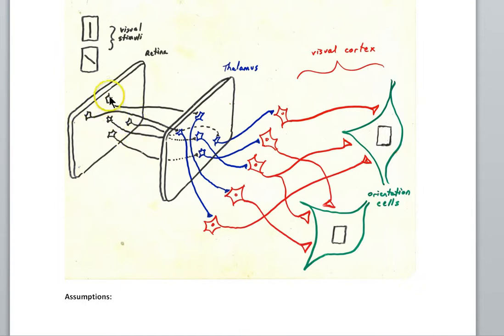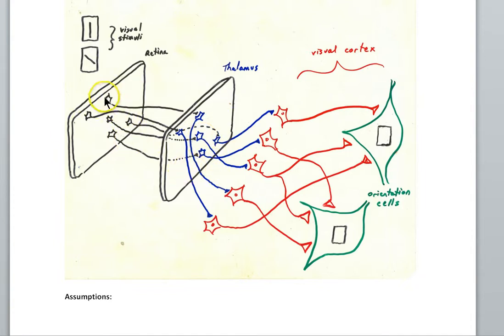There are some cells that are up here in the retina, some cells here, and over, left and right, and so on. Well, the way the optic nerve fibers run, there is a kind of a mapping, a one-to-one mapping between the two-dimensional layout of light-sensitive cells in the retina and the cells in the thalamus. So there is a preserved relationship, a spatial relationship between cells in the retina and the thalamus.